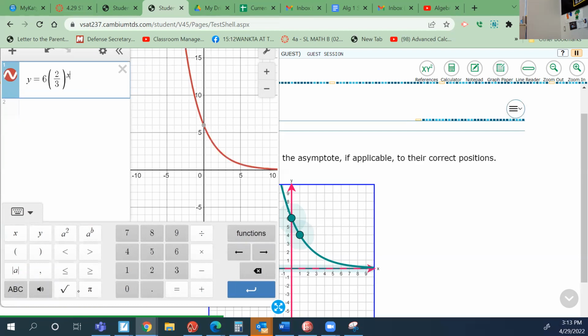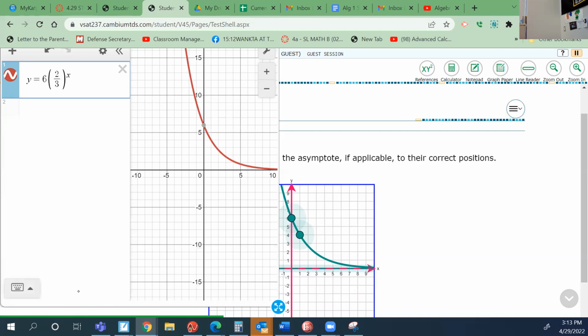Now I have my graph, and I notice the line crosses at 6, which matches right there. Now I've got to find a second dot. Where am I going to put that second dot? Well, you can look at a graph and estimate it, or you can go to tables. I like Desmos. Click on the little wheel right here, and then click on table.